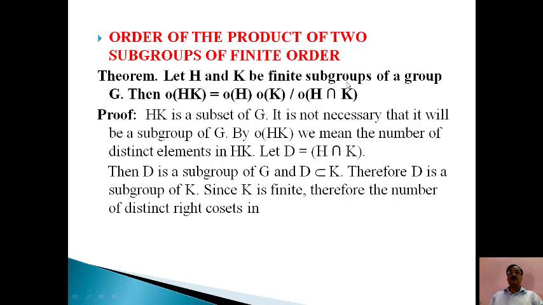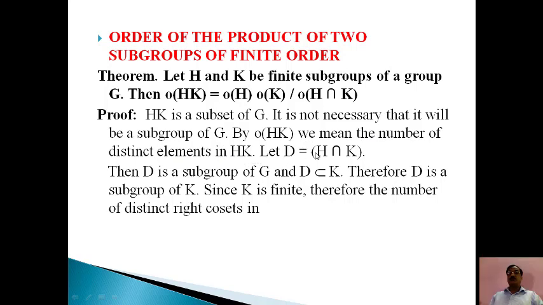Let H and K be finite subgroups of a group G. Then the order of HK is given as the order of H times the order of K, divided by the order of H intersection K. We have proved HK is a subset of G; it is not necessary that it will be a subgroup of G. By the order of HK, we mean the number of distinct elements in HK.